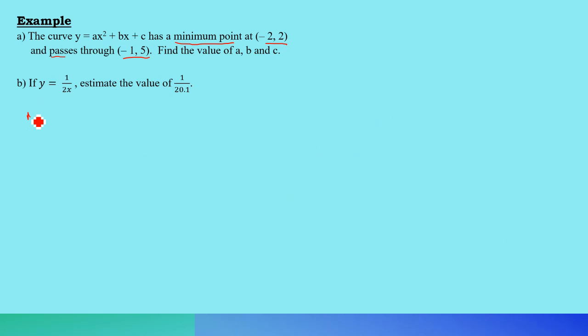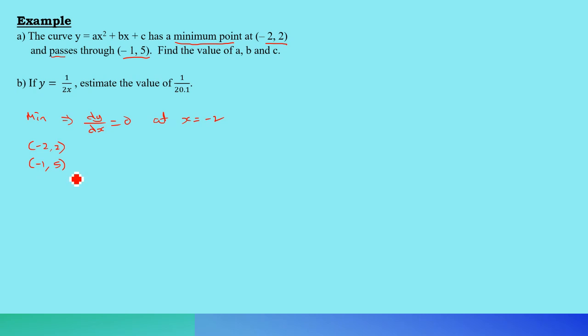So when I say minimum, very clear, you must say dy/dx equals 0 at that point, at x equals -2. That is the condition, because the minimum happened at x is -2. And then you can use (-2, 2) to form another equation, and you can use (-1, 5) to form another equation.